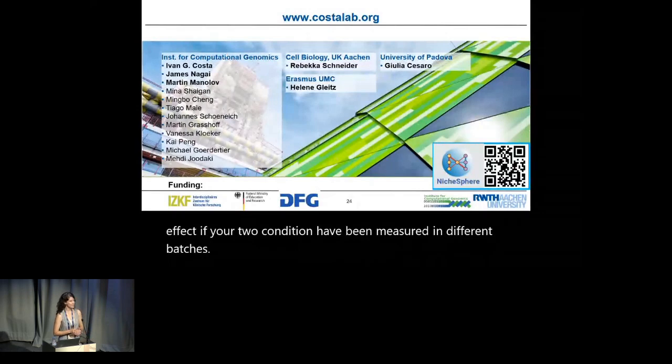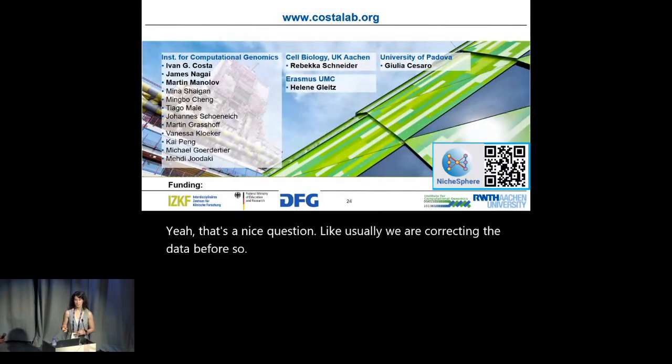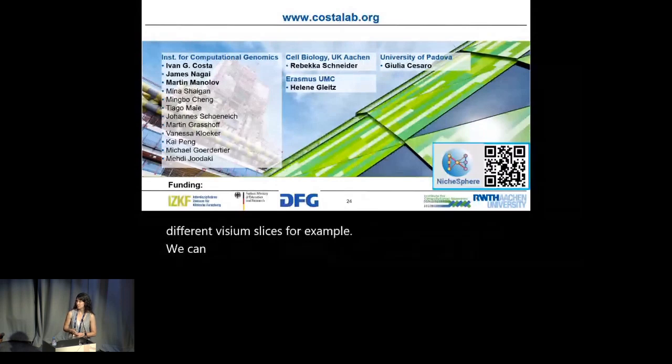So yeah, that's a nice question. Usually we are correcting the data before. In the PIC-seq we don't have this problem. And if we have different Visium slices, for example, we can take the scores in each of the slices, but we do a different test here.